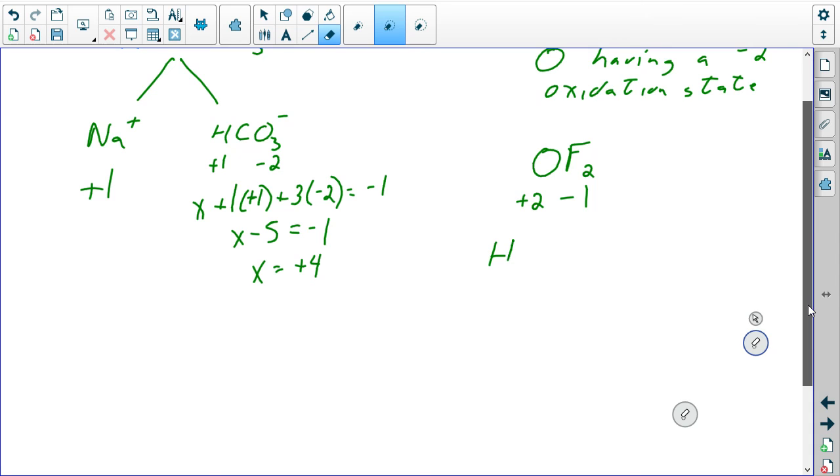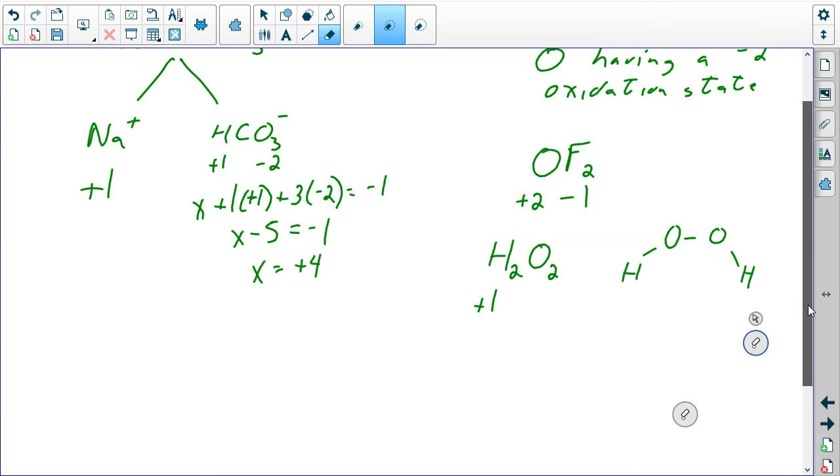The other one that shows up very often is the H2O2. Now, in this case, we have to talk about the structure a little bit. What we have here is each oxygen onto 1 hydrogen. So in this case, this hydrogen is going to lose 1, so we're going to assign the hydrogen a plus 1.